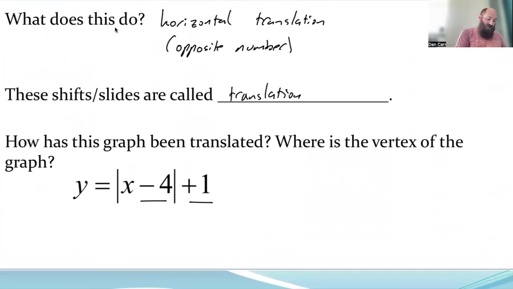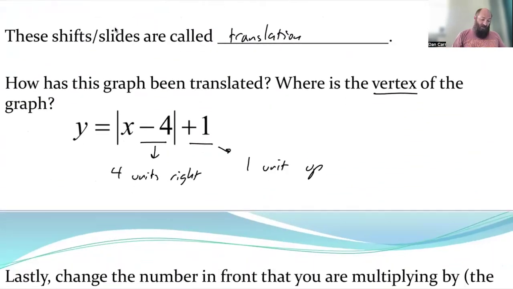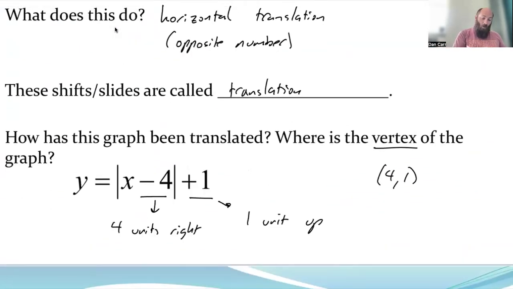So I would expect this to go 4 units to the right, with it being a -4 inside, it's going to go opposite. This tells me it's going to go 1 unit up. So we got 4 units to the right, 1 unit up. Our vertex should follow that same pattern. Remember the parent function is at the point 0, 0. So if I move to the right 4 and up 1, my new vertex should be at the point 4, 1.